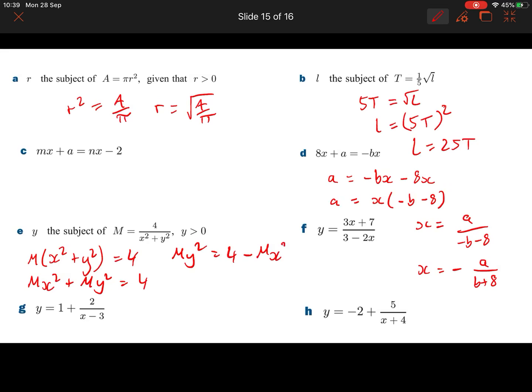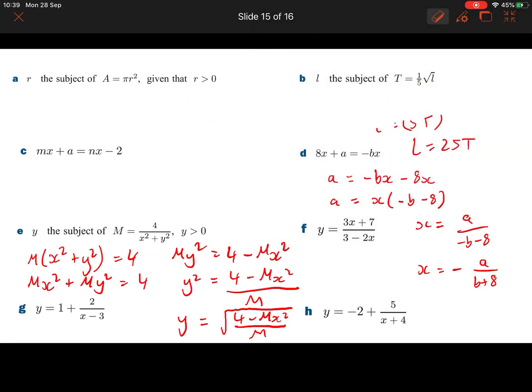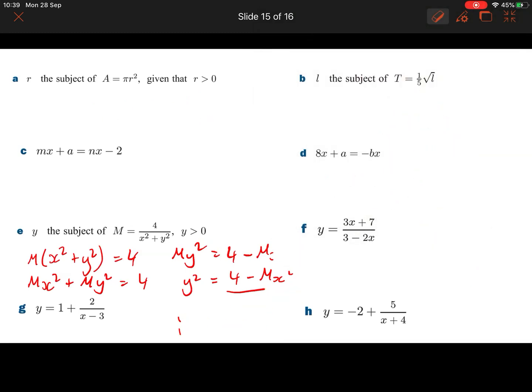Okay, my squared equals 4 minus mx squared. And finally divide everything by m. 4 minus mx squared over m. And then square root everything. Tricky question. The square root of 4 minus mx squared over m is the solution to E.